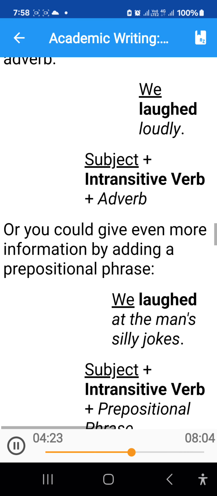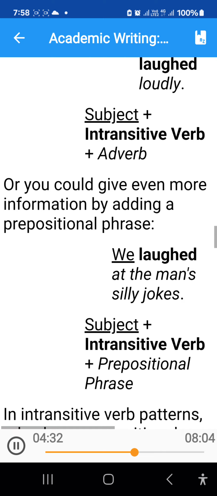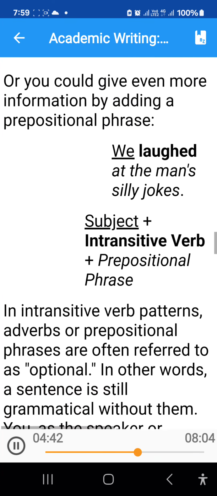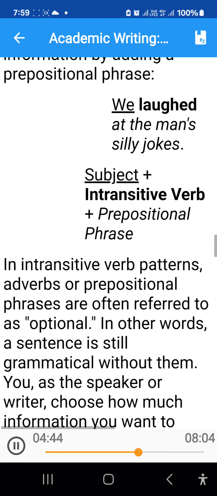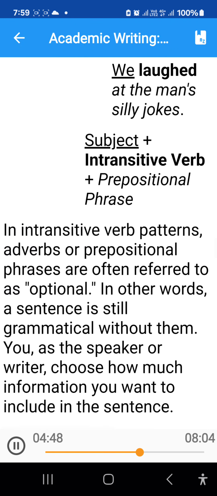We laughed loudly, or subject plus intransitive verb plus adverb. Or you could give even more information by adding a prepositional phrase. We laughed at the man's silly jokes, or subject plus intransitive verb plus prepositional phrase.